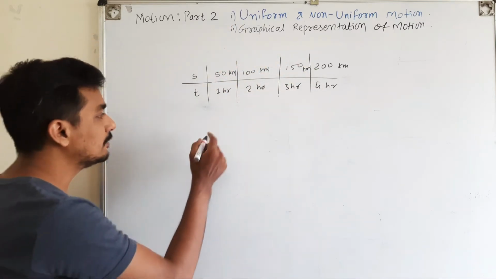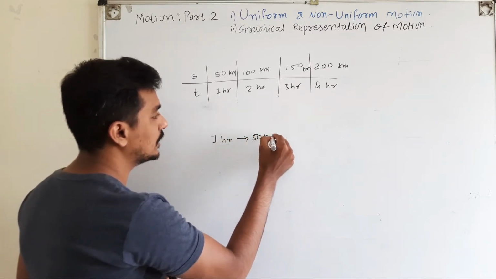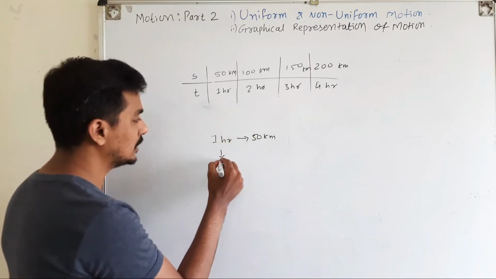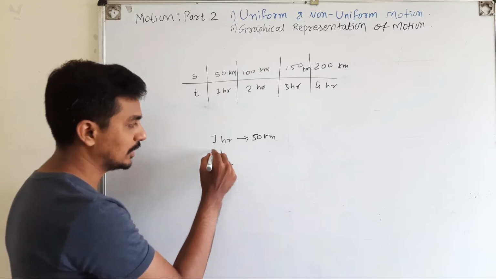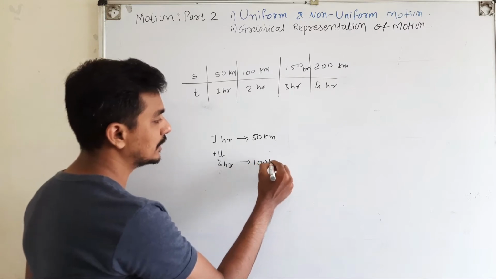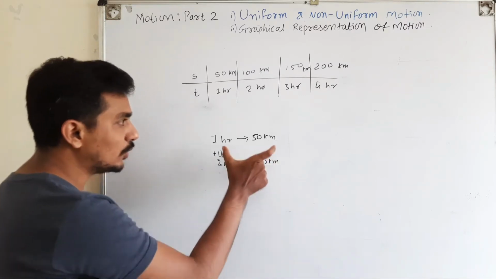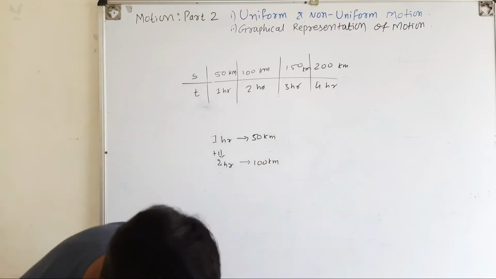So every 1 hour we are covering a distance of 50 kilometer. After 1 more hour, that is 2 hours, the distance will be 100 kilometer. So you are covering equal distances in equal intervals of time.